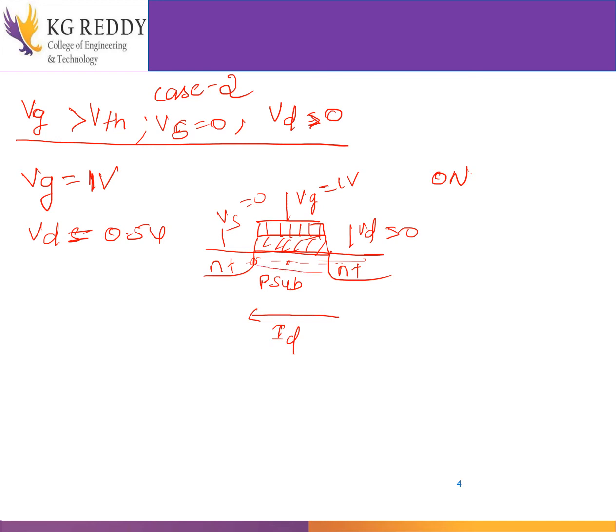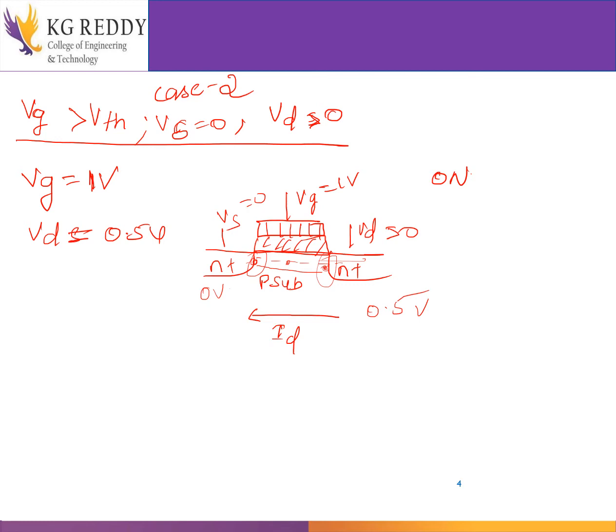When it reaches here, the voltage would be 0.5 volt at this end, but at this end the voltage would be 0 volt, because this is with respect to the source and this is with respect to the drain voltage.